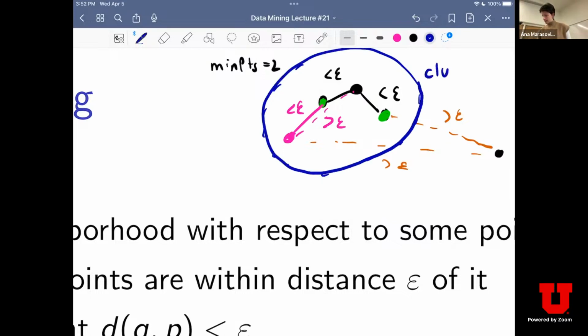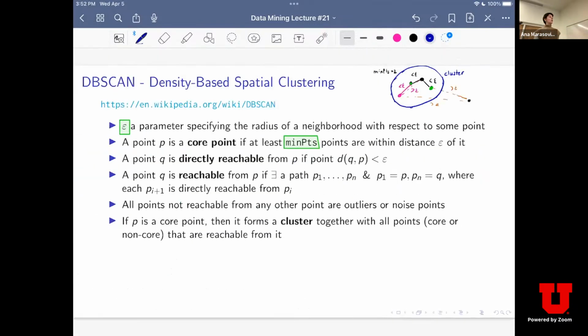So this will be a cluster of points. And that's basically it. That's the whole algorithm.